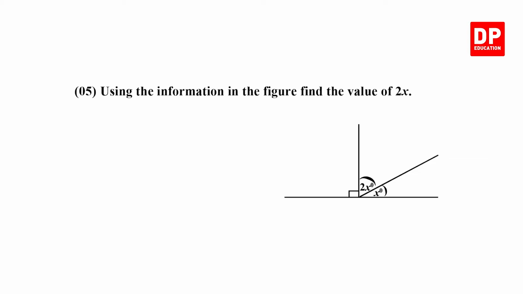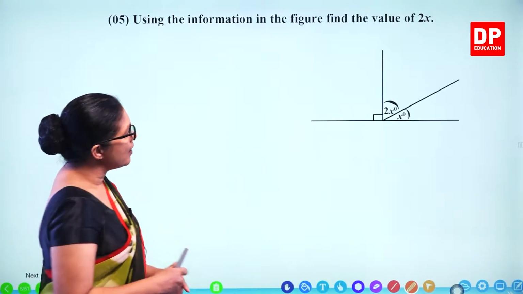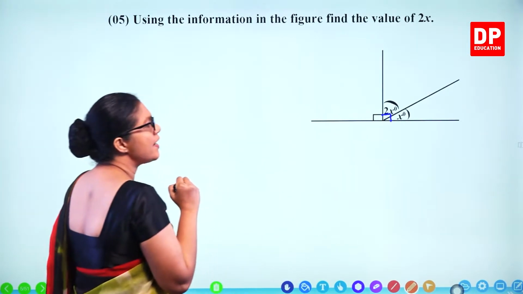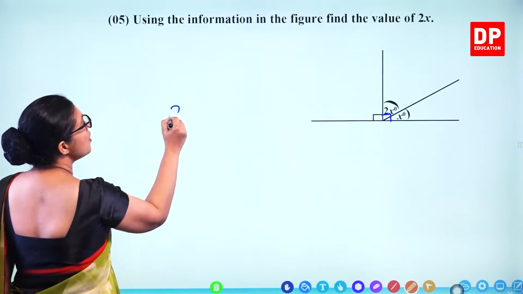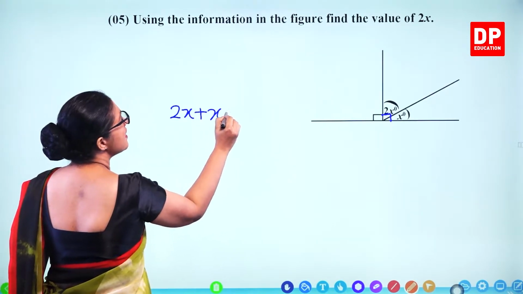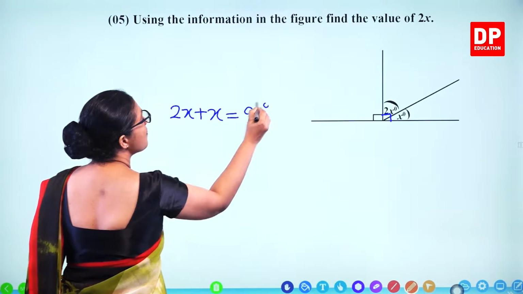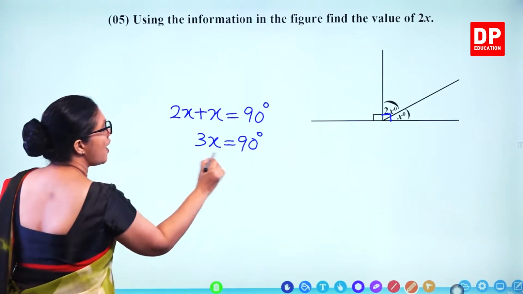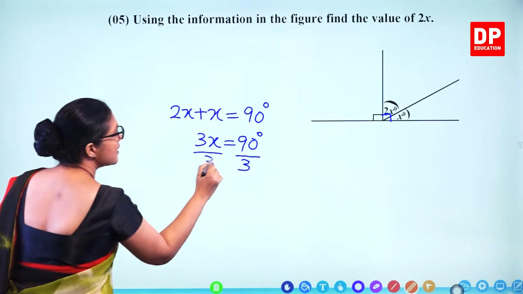Question number 5. Using the information in the figure, find the value of 2x. Now can you see this is a straight line. This is 90 given. So this is also 90. So you can write 2x plus x is 90 degrees. 3x equals 90 degrees. Divide by 3 to get x.